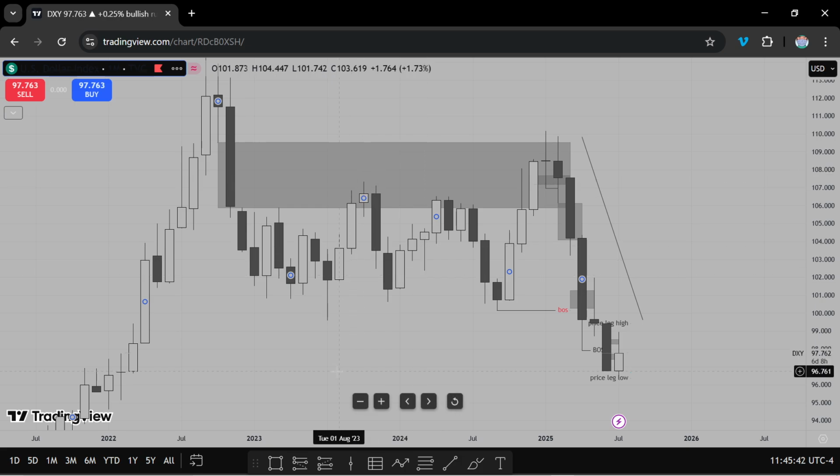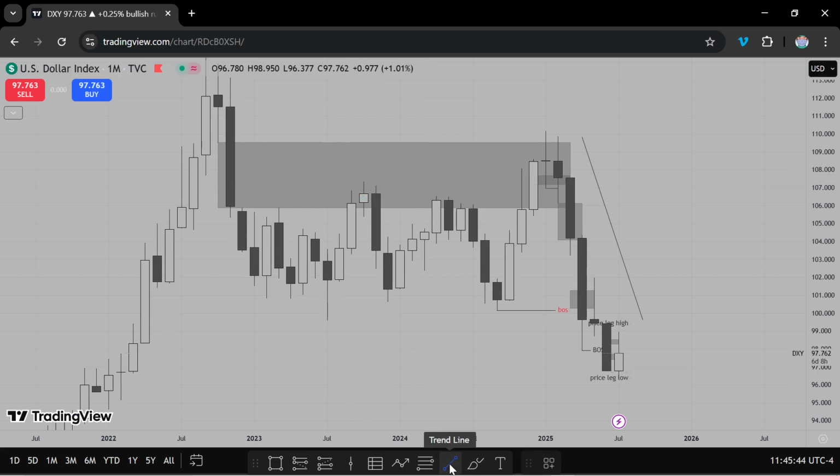What I usually do is the high, the swing point that mitigates a fair value gap, has a bunch of liquidity resting above it. So if a fair value gap does not push price lower, the swing point that mitigates the fair value gap is a source of liquidity to push the market further lower.